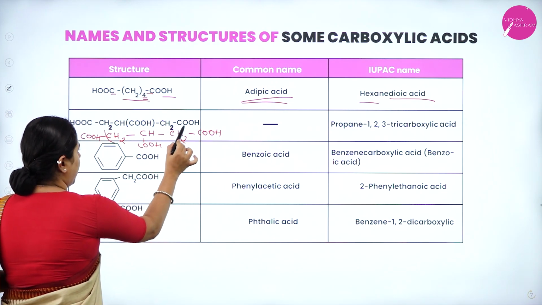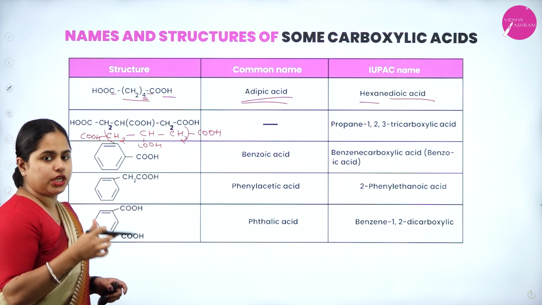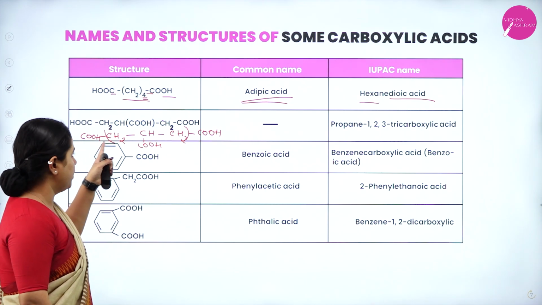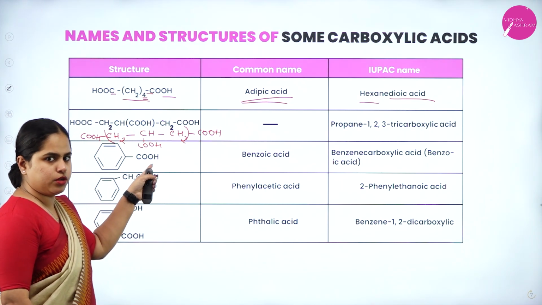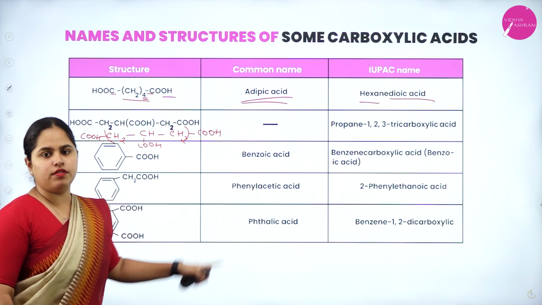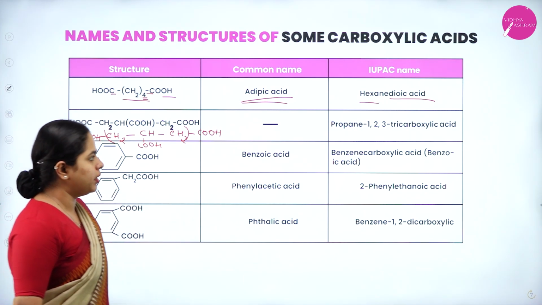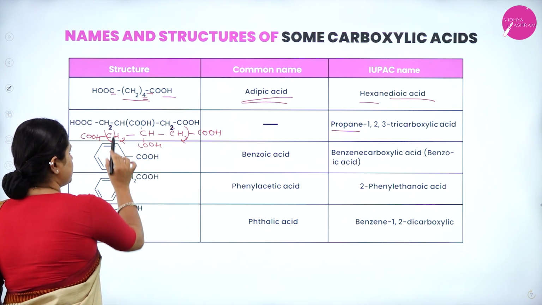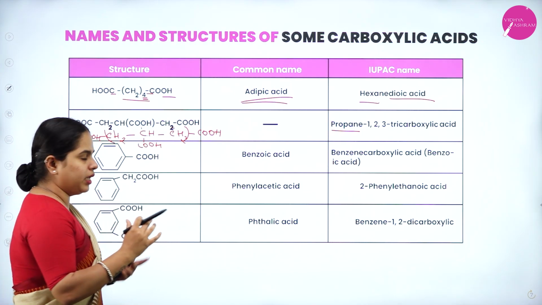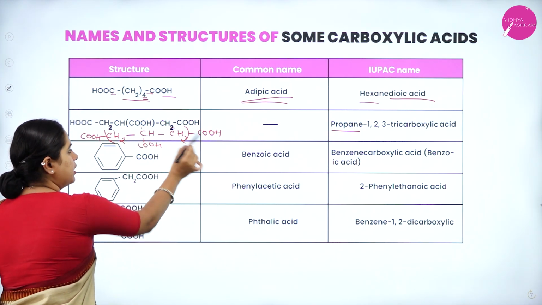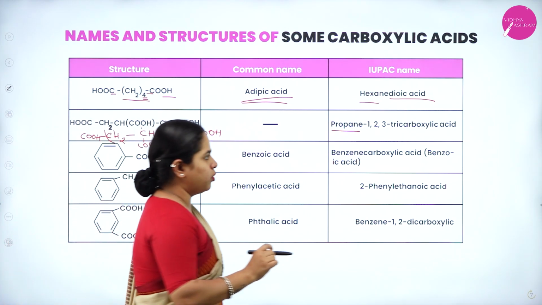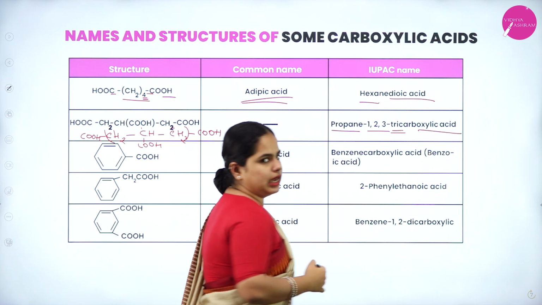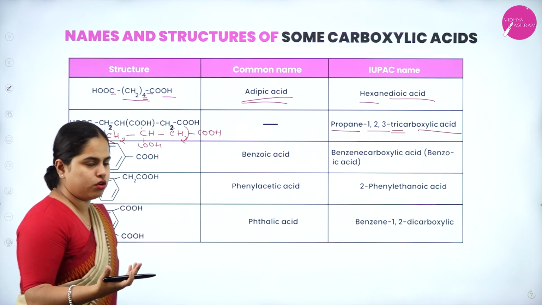So this much part can be considered as your principal chain, that is propane, and on the first, second and third carbon atoms you have a carboxyl group. So it will be propane 1, 2, 3, 3 carbon atoms, and it is propane 1, 2, 3 tricarboxylic acid you can write, or trioic acid also you can write.